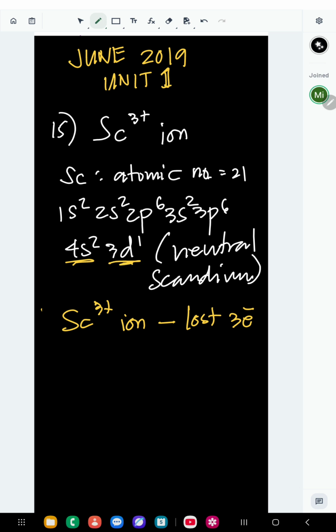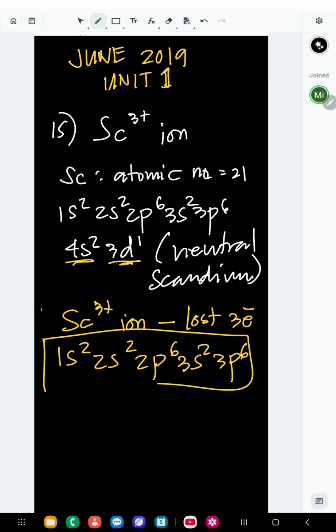Therefore, the electronic configuration of Sc3+ would become 1s2, 2s2, 2p6, 3s2 and 3p6. So this should be the answer. That is letter A.